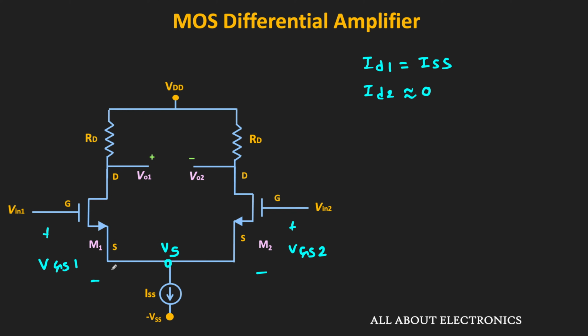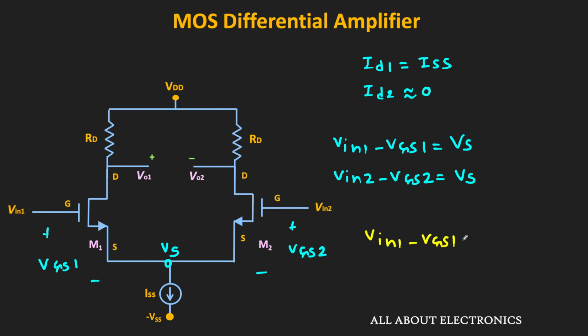If we apply the KVL around this loop, then we can say that Vin1 minus VGS1 is equal to Vs. Similarly, if we apply the KVL on the second side, then Vin2 minus VGS2 is equal to Vs. So from this we can say that Vin1 minus VGS1 is equal to Vin2 minus VGS2.